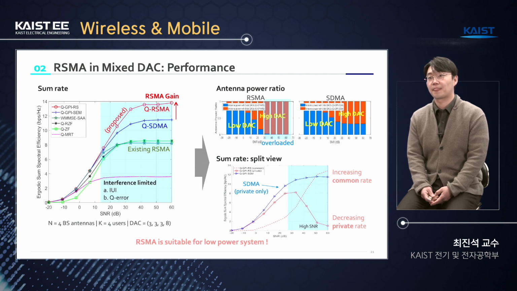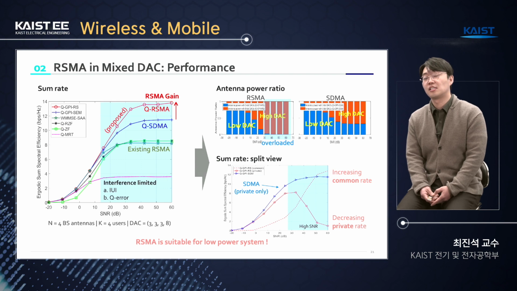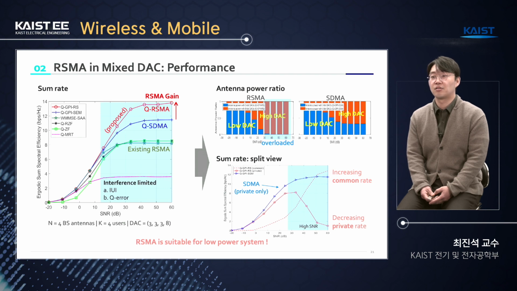Such limitations create this gap between the RSMA case and the SDMA case in the sum rate. The last curve shows the split view of the common rate and the private rate. In red, we have the private rate in a straight line with circles, and the dotted line means the common rate. As the SNR increases, like the signal power increases, the private rate starts to decrease at some point, because at this point we reduce the number of active antennas to avoid high quantization error.